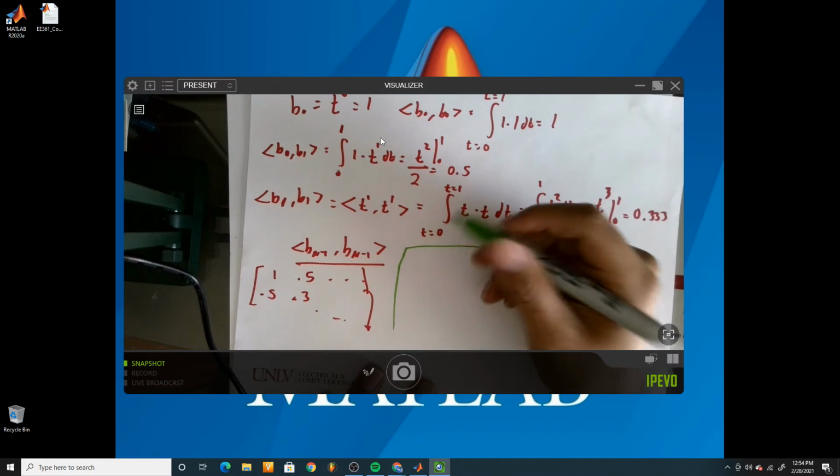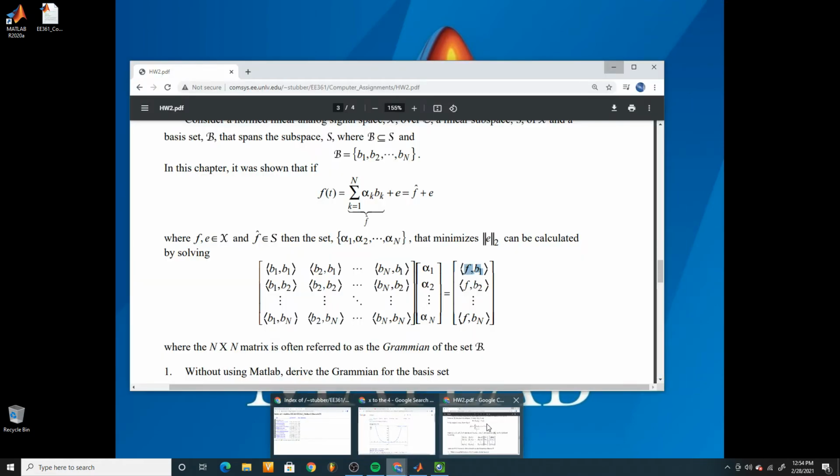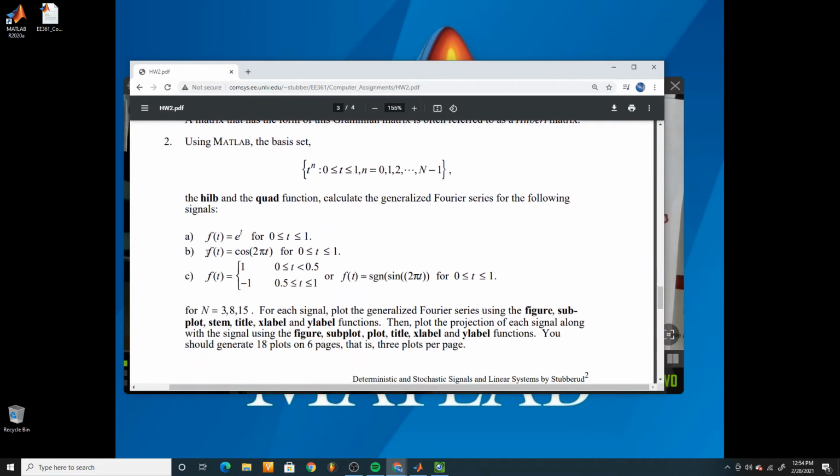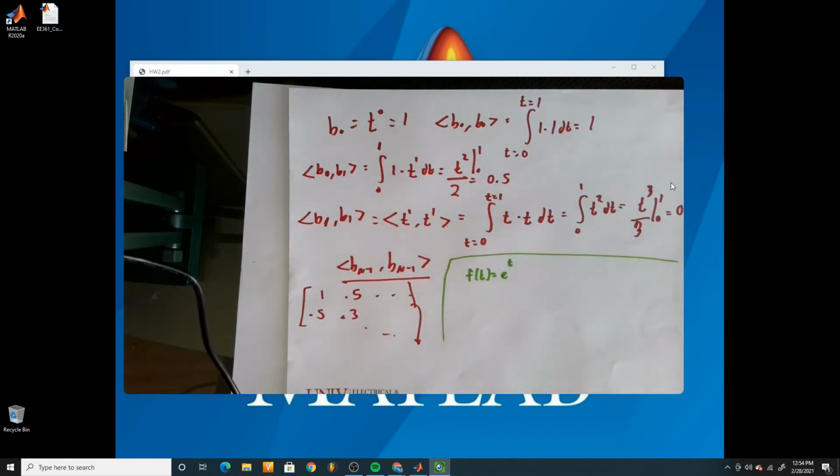Whatever your function is, here it is. Here's your function, like f of t is equal to exponent of t. You're going to plot this in the time domain, as you can see from here.